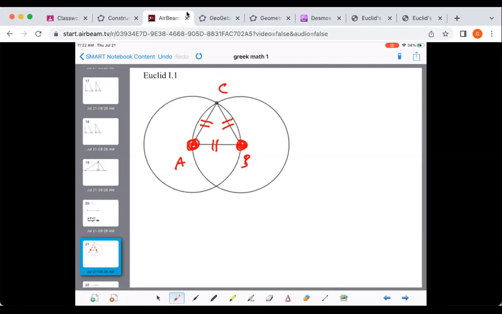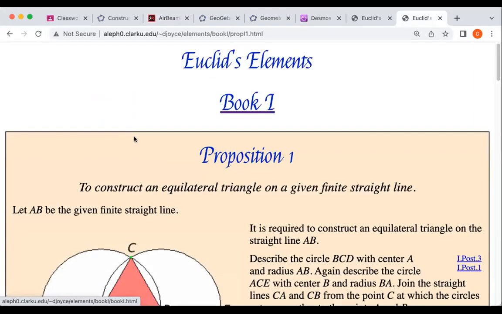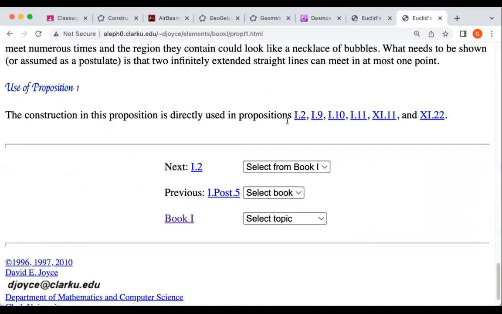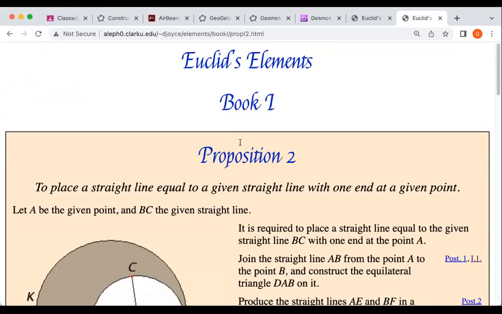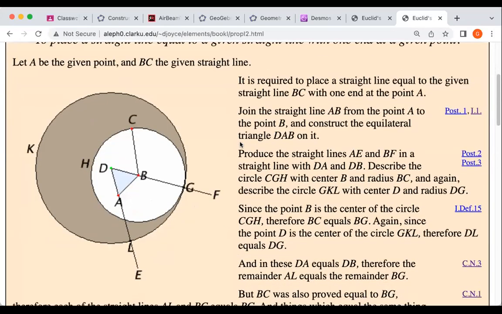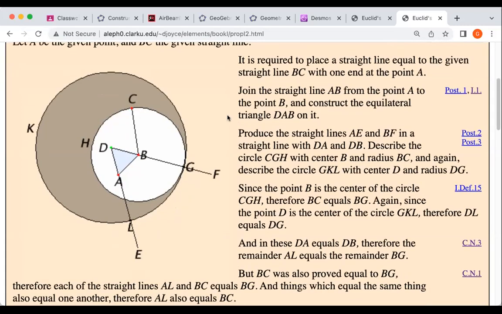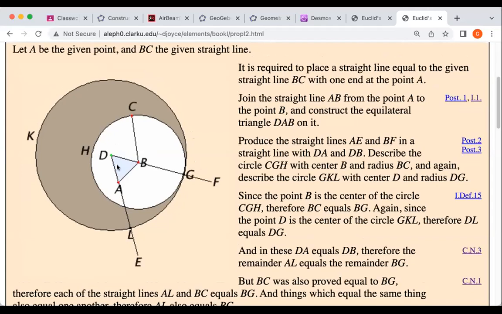But one of the reasons that they do this first is because book 1, proposition 2, which I'm not going to teach you, but I'm just going to mention, is about how you can copy a straight line, a line segment, to another location with a collapsible compass. If we use a regular compass, you just lift it up and copy the line segment. But with a collapsible compass, it's an entire process, and that process involves an equilateral triangle.